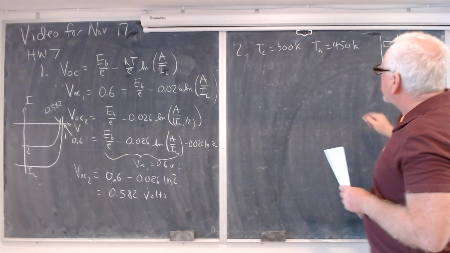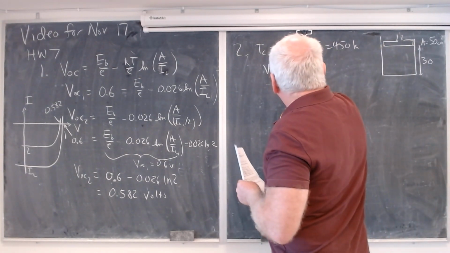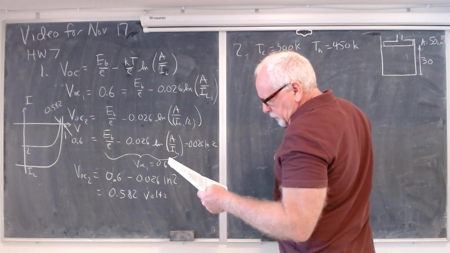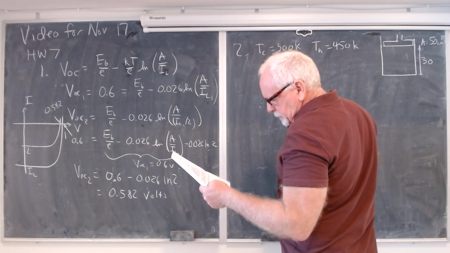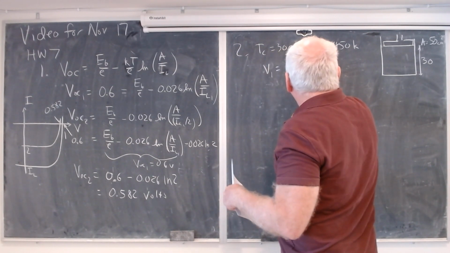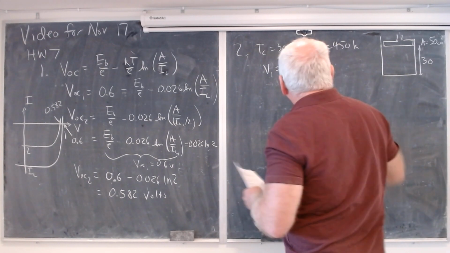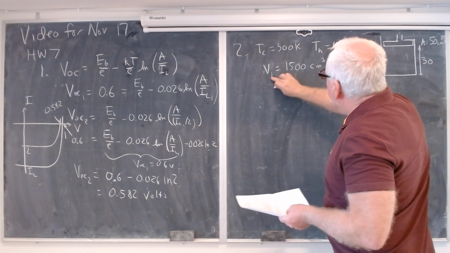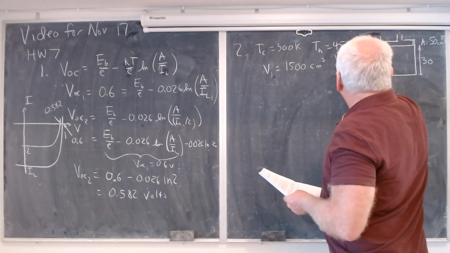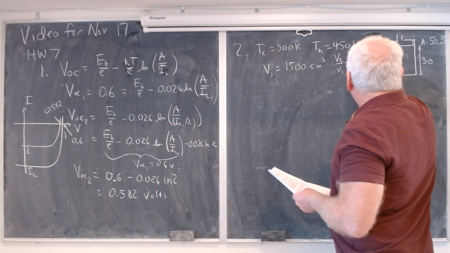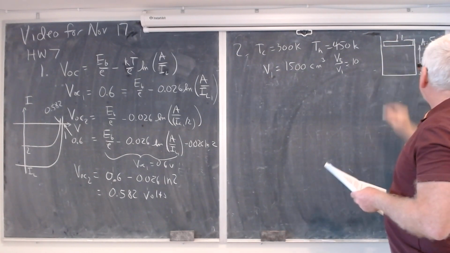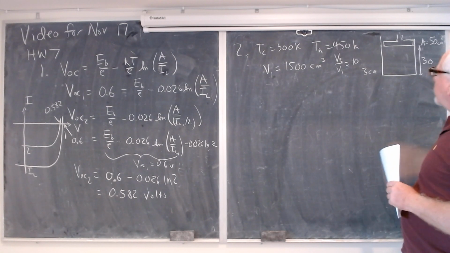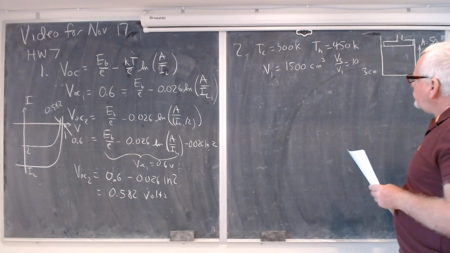So V1 is 30 times 50, and if you just leave it in centimeters, it's 1500 centimeter cubed. I said the compression ratio is 10, so V3 over V1 is 10. It goes down to 3 centimeters at the minimum piston position.